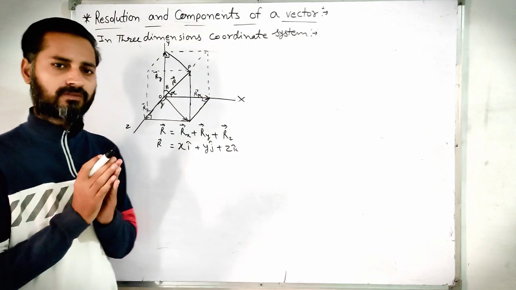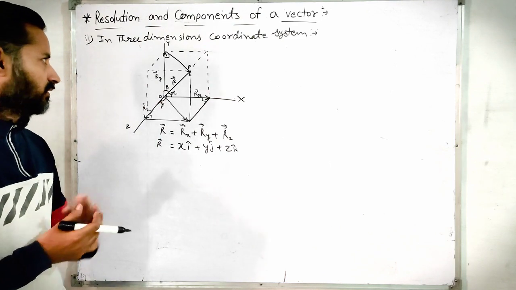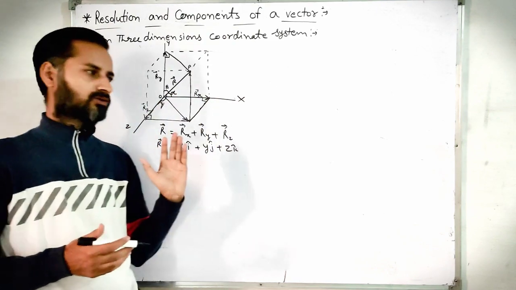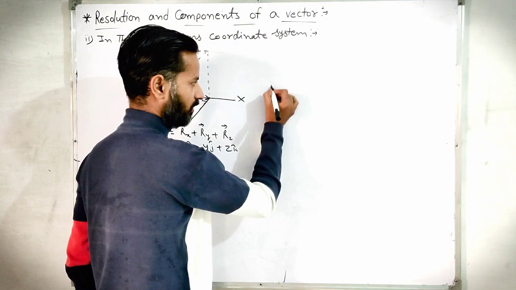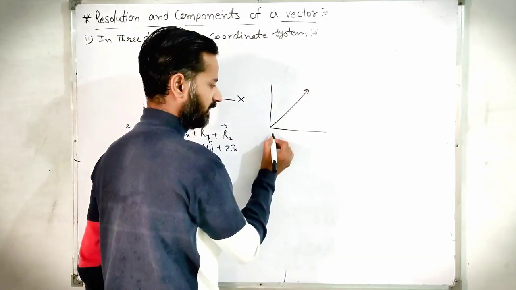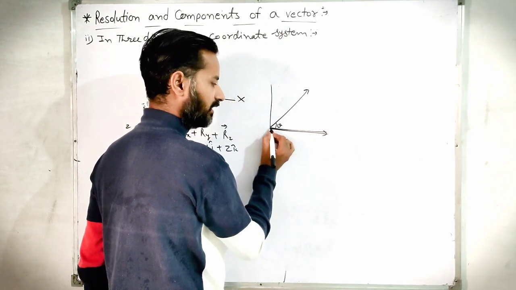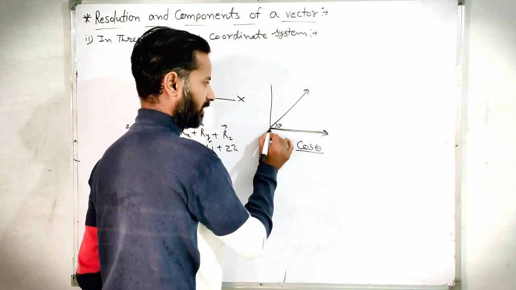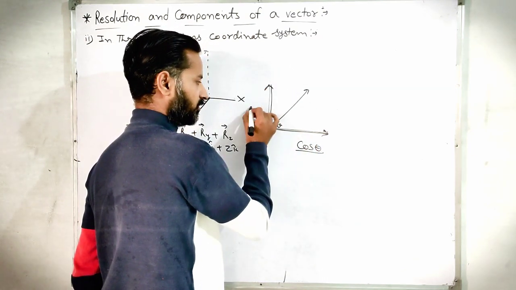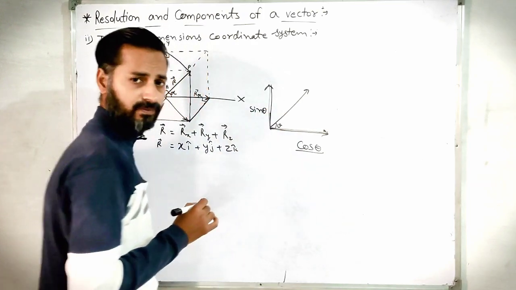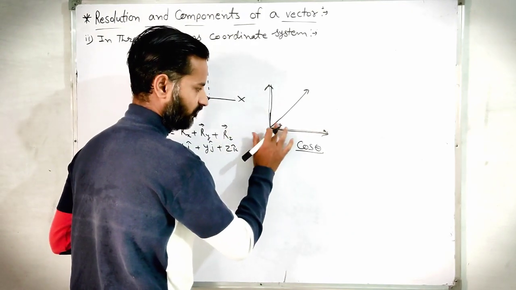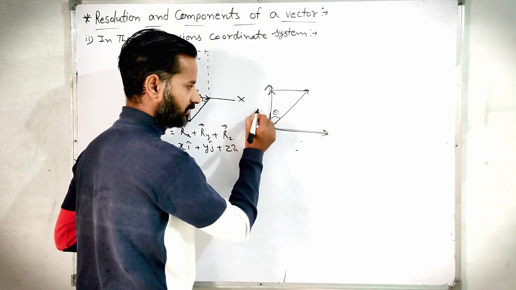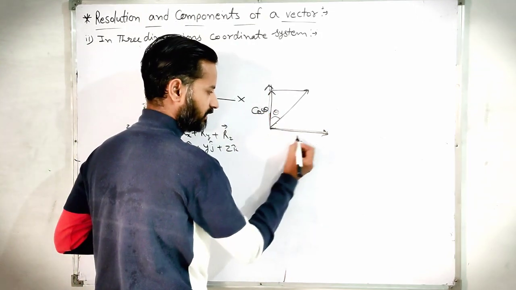Since we have the vector making angles with all axes, in the previous case we learned that if a vector makes angle theta with this axis, then along this axis we get the component cos theta, and perpendicular to this axis we get the component sin theta.